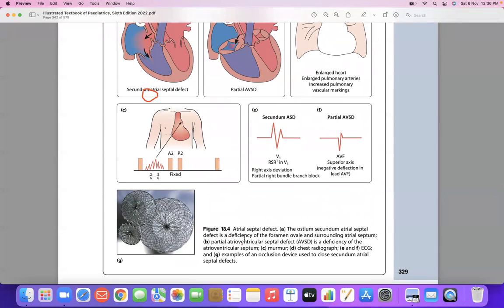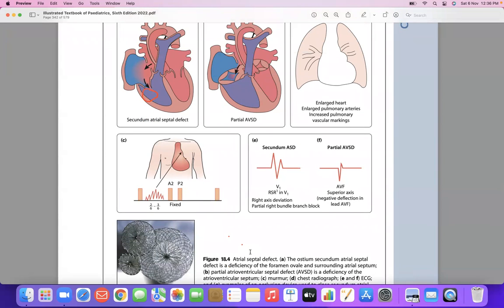Next is B. He's telling what a partial atrioventricular septal defect is: a deficiency of the atrioventricular septum. There will be deficiency of both atrial and ventricular septum, but it is not complete. It is partial.